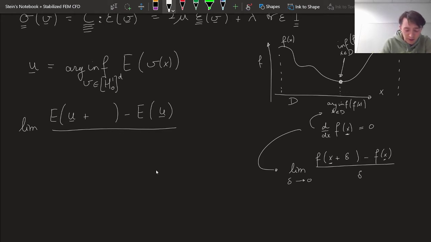So somehow whatever is in here has to be a function. So I'll use v. Right? I can only increment a function by a function. I can only add two functions together. Clearly I can add a value to a function, but in that sense, this value is itself also a function. But now I can't really take the limit of a function going to 0.